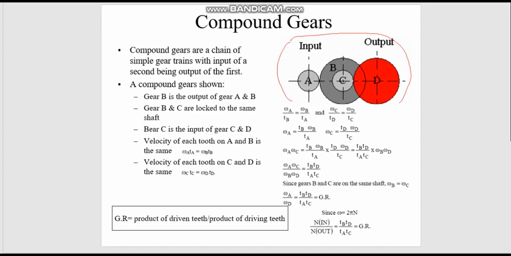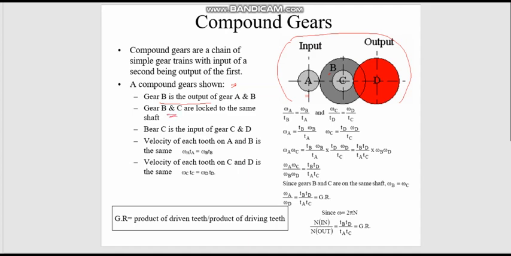We have four gears in this particular system. So if you look at this, there is one gear train, which is gear A and gear B. In this system, A is input. So B is the output of gears A and B.